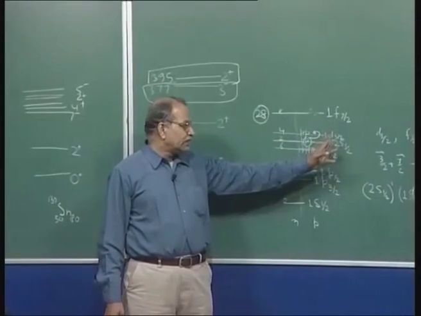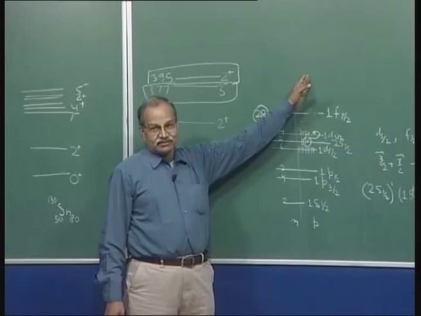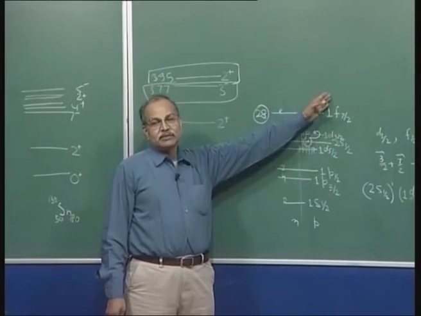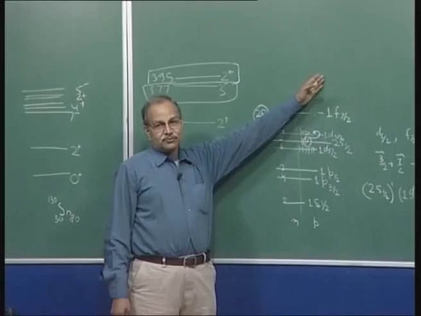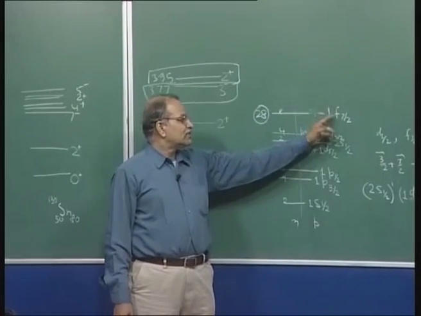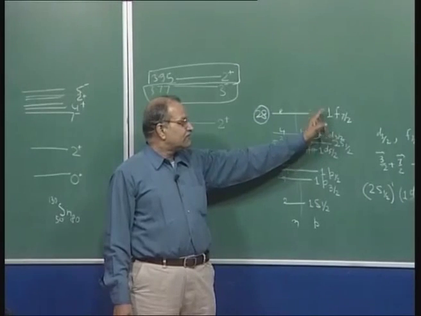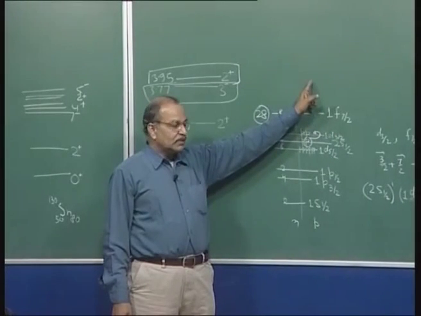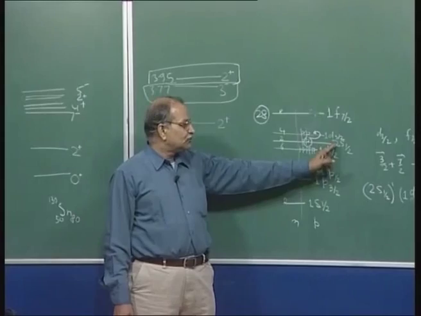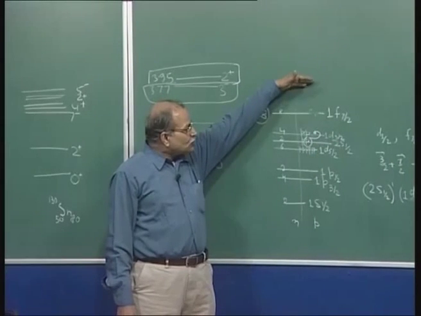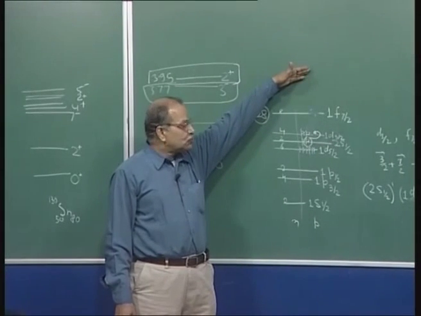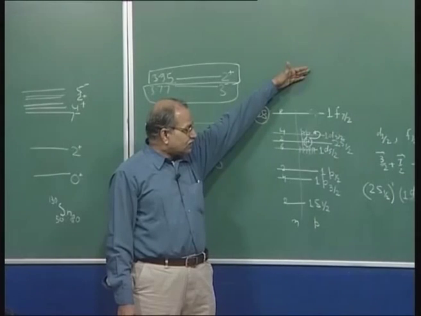So, in that 2 series, after 2s you will have 2p, and 2p will split in 2p3 by 2 and 2p1 by 2. And since this f7 by 2 is here, there should be a corresponding f5 by 2. So, one series will give you f5 by 2, and this 2 series will give you 2p3 by 2 and 2p1 by 2, and 3 series will not start yet.